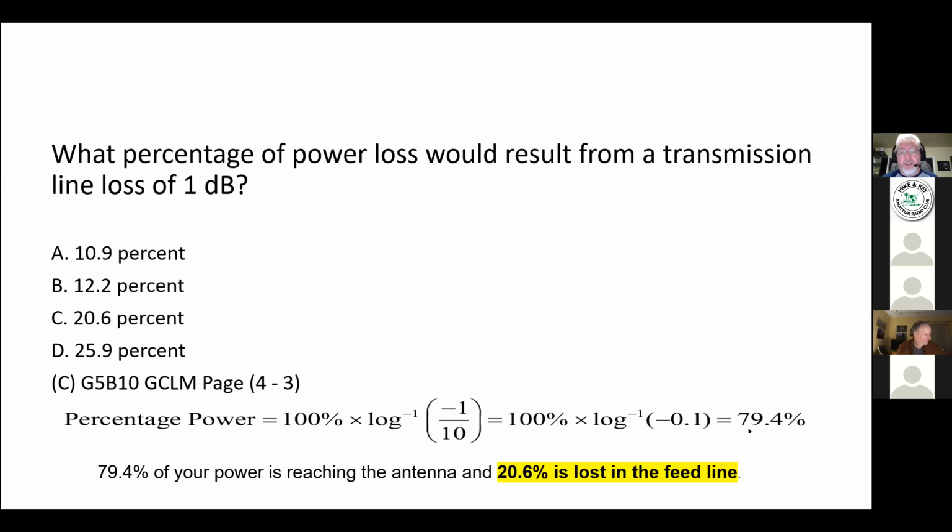So you end up with 79. So 100 minus 79 gives you the answer of the line loss. So 79.4 is actually reaching the antenna, but 20.6 is being lost in the feed line. Is that good now?